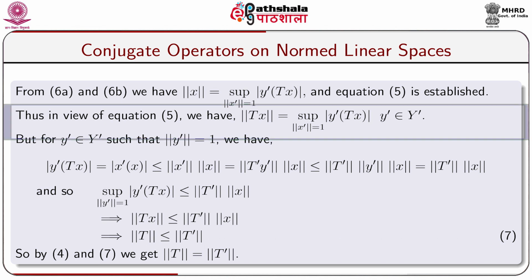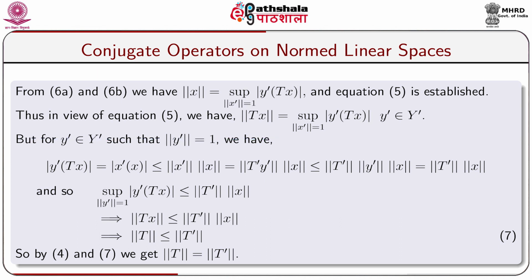Thus, in view of equation 5, we have norm Tx equal to supremum of modulus of y'Tx, where supremum is taken over norm of y' equal to 1, where y' belongs to capital Y'.